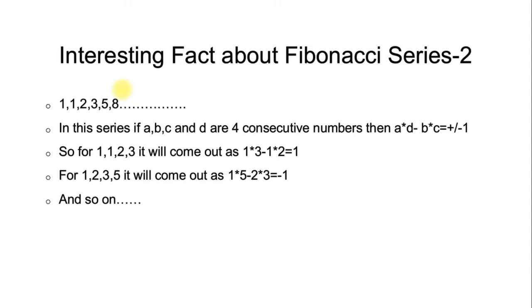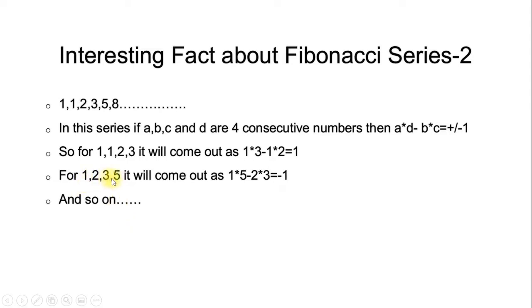The next property of the series is: if we take four consecutive numbers a, b, c and d, then a into d minus b into c equals plus or minus 1. For the first four numbers of the series, 1, 1, 2, 3, it is 1 into 3 minus 1 into 2 equals 1.